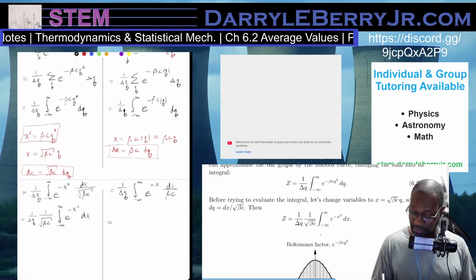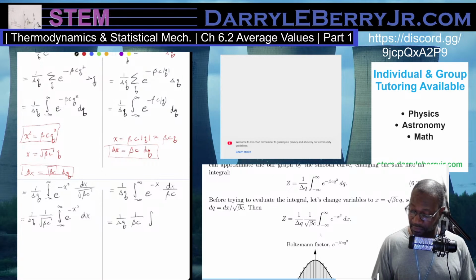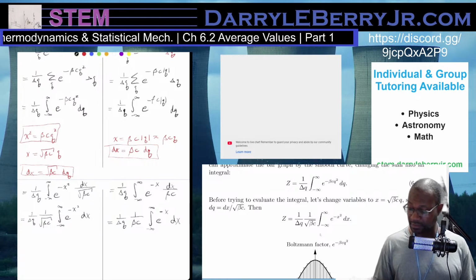So this equals 1 over square root of q, 1 over bc, the integral negative infinity to infinity, e to the negative x dx.